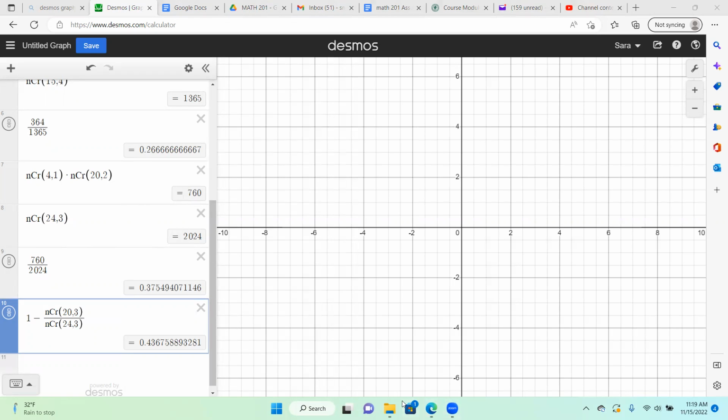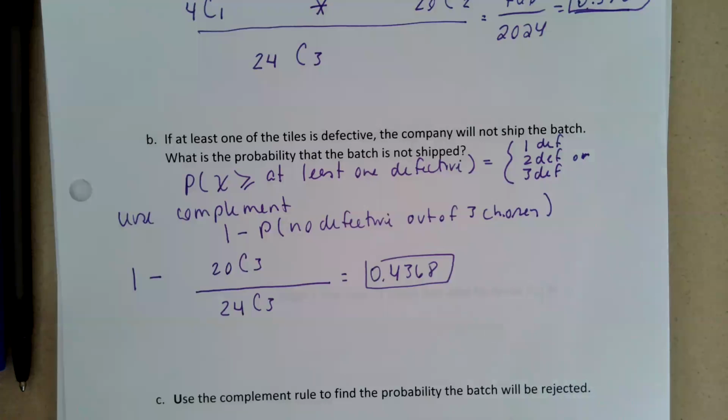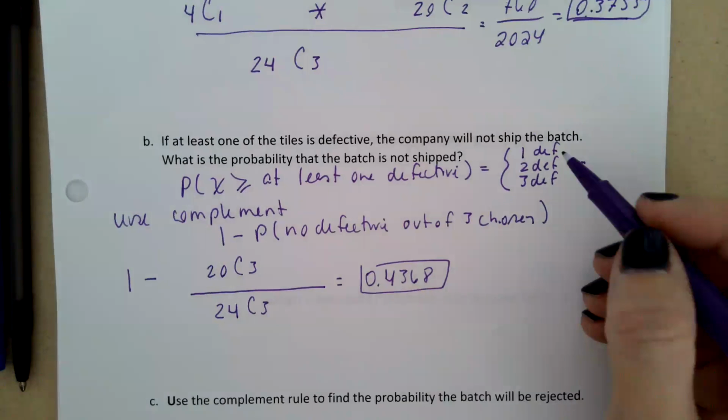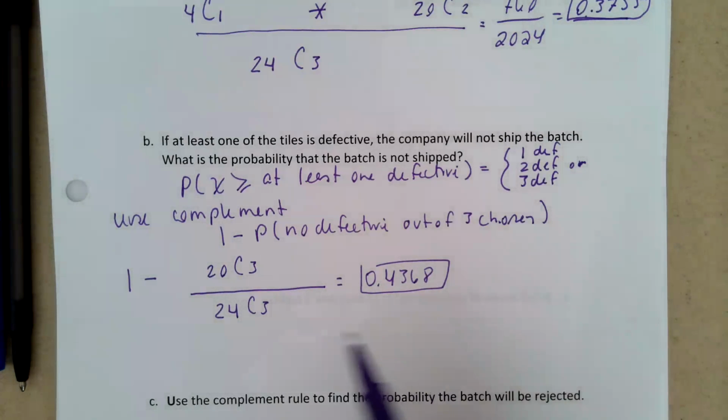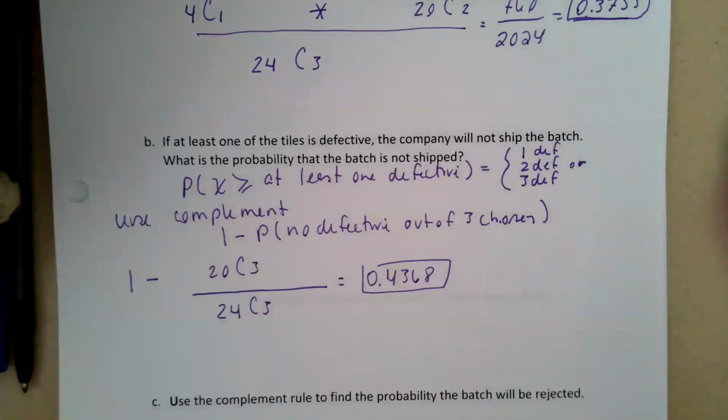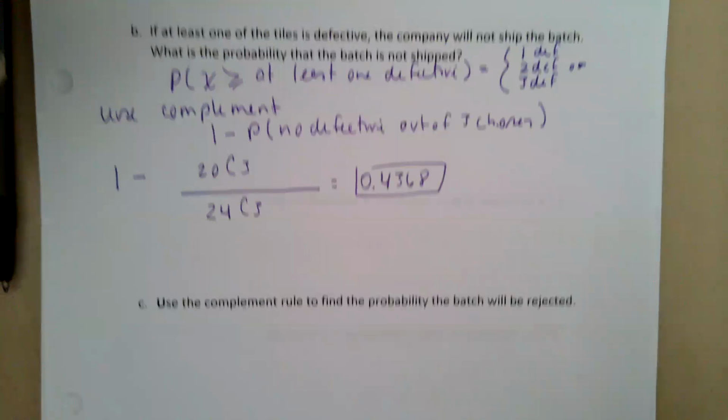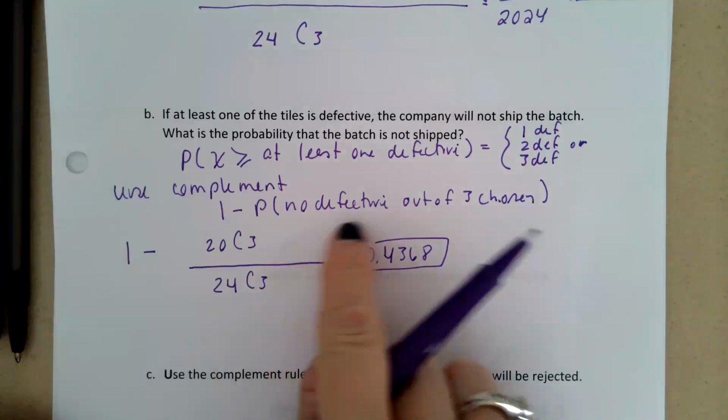And actually, I just skipped and we just did part C. So we could have found the individuals and added them, but instead we used the complement. And that's what I had you do in part C. I kind of forgot. I jumped to that because I always want to jump to the shortcut.